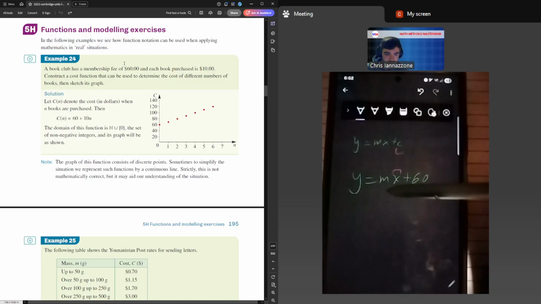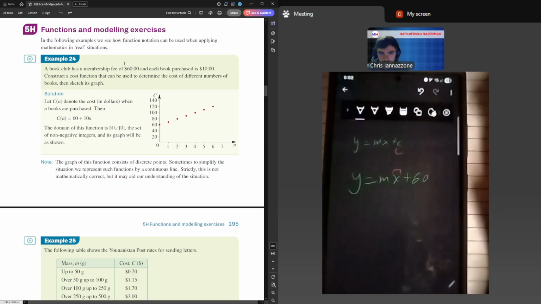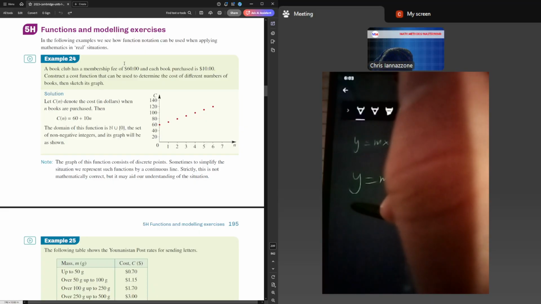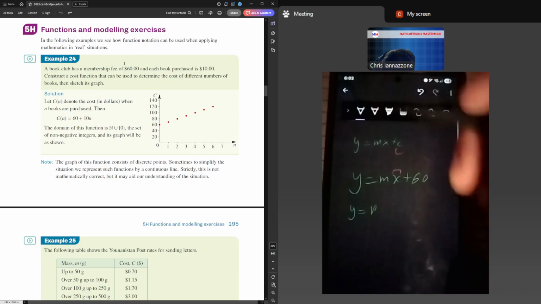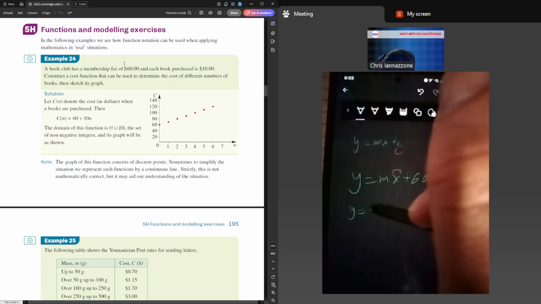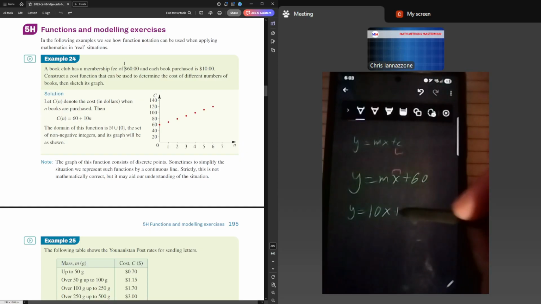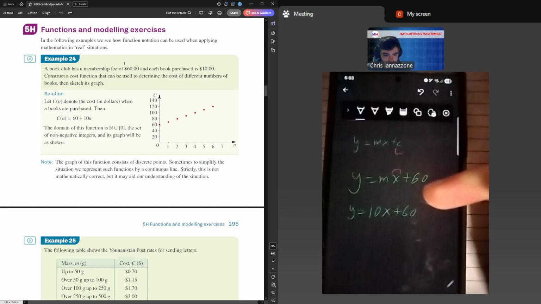That's what it literally does. M multiplied by x. So if x is number of books, m is a multiplier on x. What are we trying to multiply it by? Well, the cost of the books, which in this case is $10 each. So we now have y equals 10x plus 60.